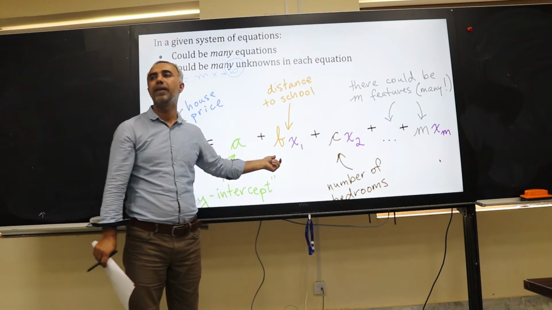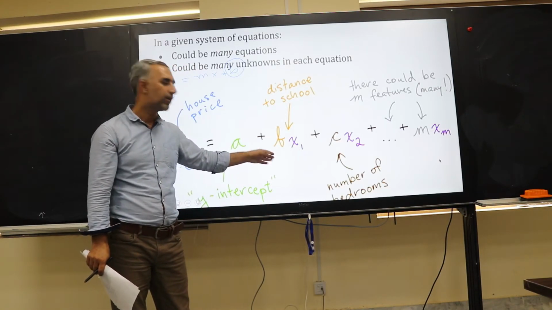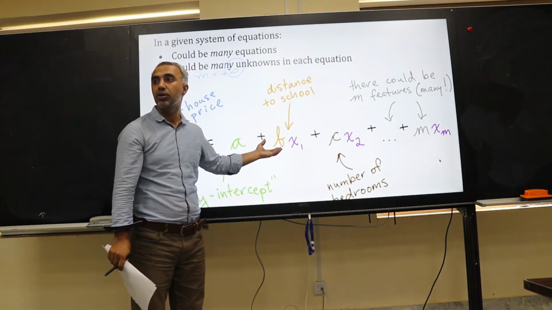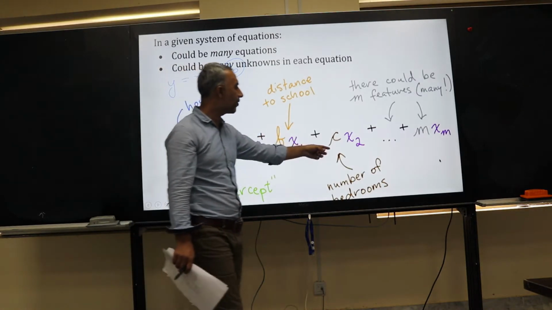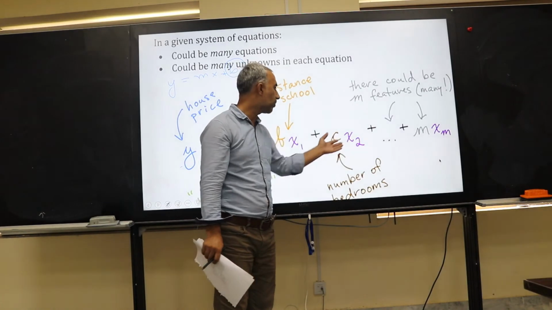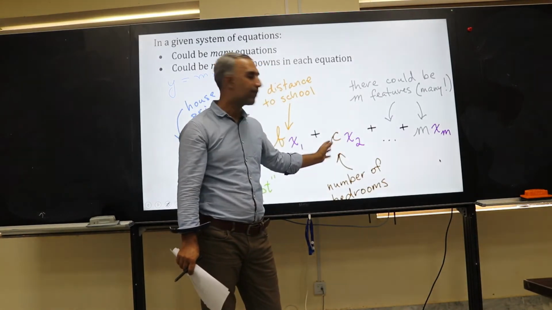For example, how far it is from the school, how far from your university. This is x1, the distance related to the school. This is the first parameter. The second one is the number of bedrooms. If you need a spacious house, it depends on the number. So how many? This is the parameter.